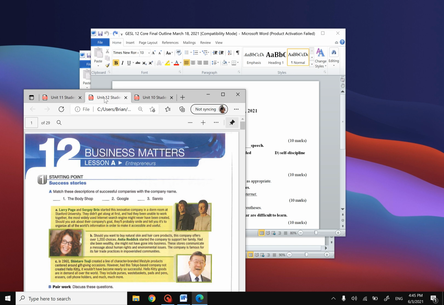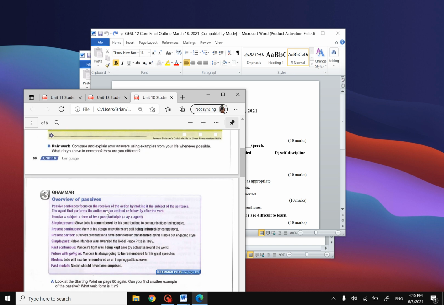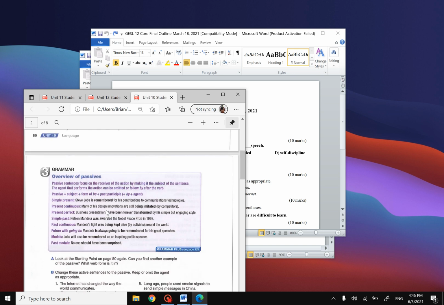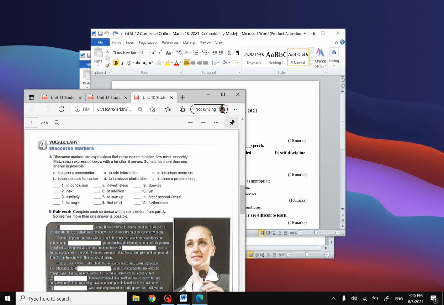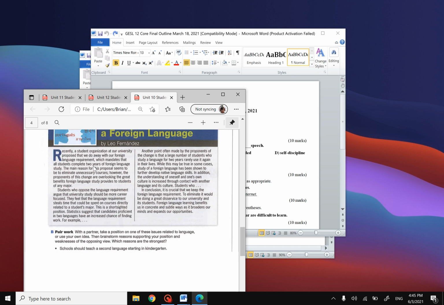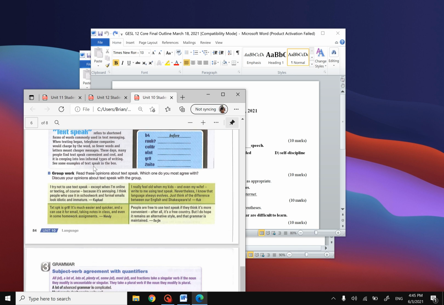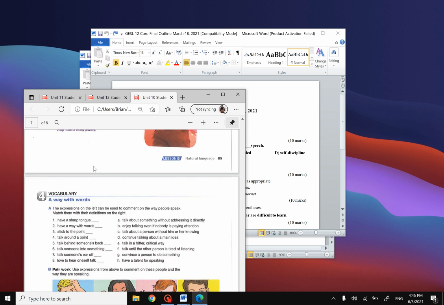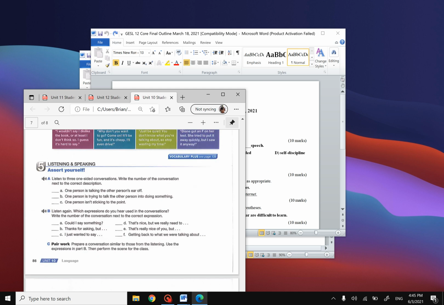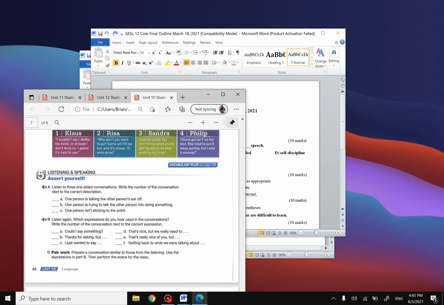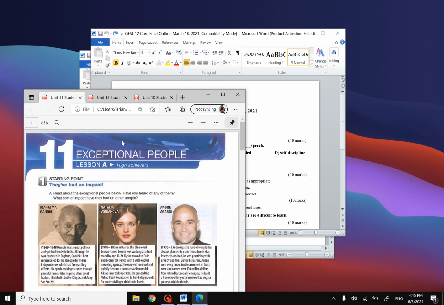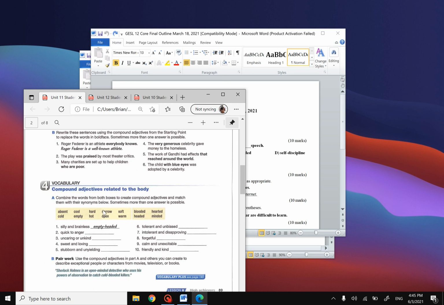10, 11, and 12. In Unit 10 there are 2 points of vocabulary. One is the course marker, and the other one is way with words on page 86. In Unit 11, similar things: you have 2 points of vocabulary.